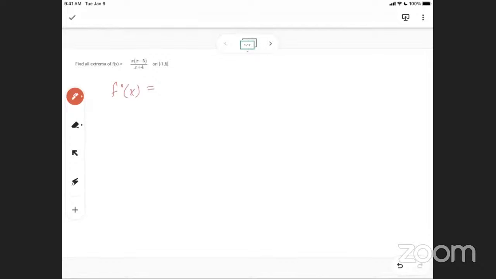All right, so you have to use the quotient rule. So starting with the numerator, you distribute first. So it'll be x squared minus 5x over x plus 4. And then from there, you take the derivative of the numerator, so 2x minus 5, and then you multiply with the denominator x plus 4.